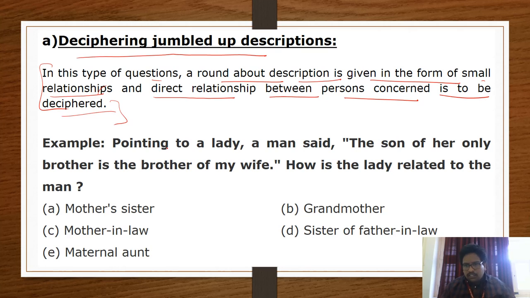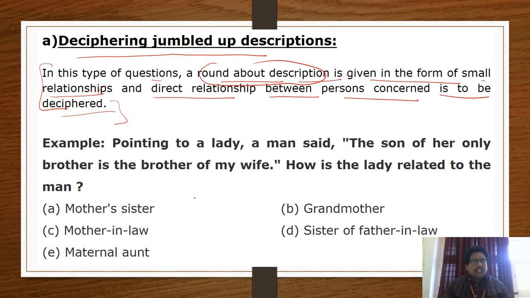But in blood relation, this is not the case. They'll say this person is my father's wife's second son. Getting my point? So that is called roundabout description.